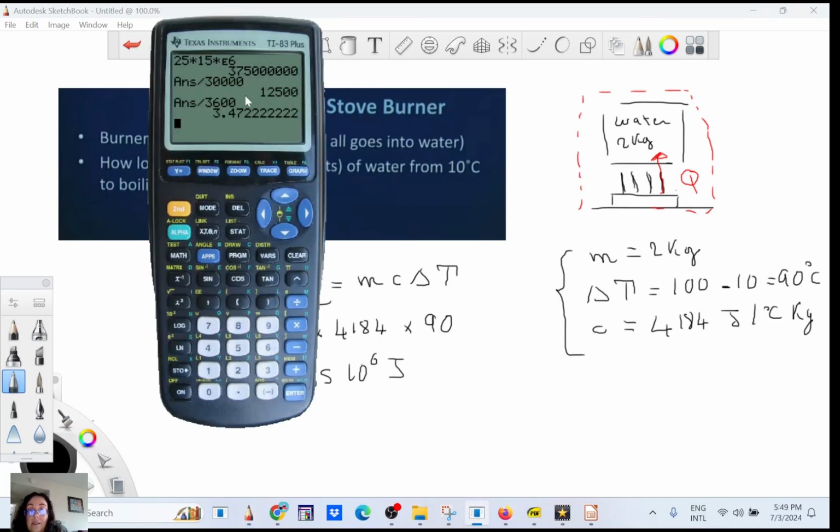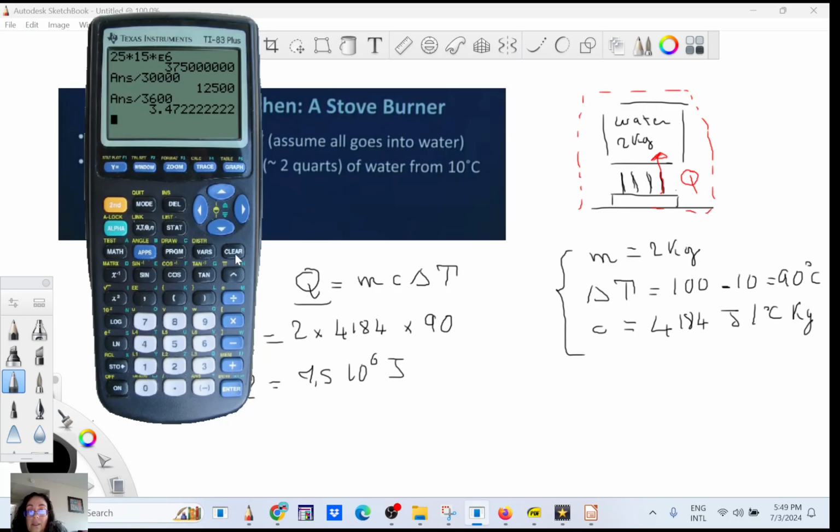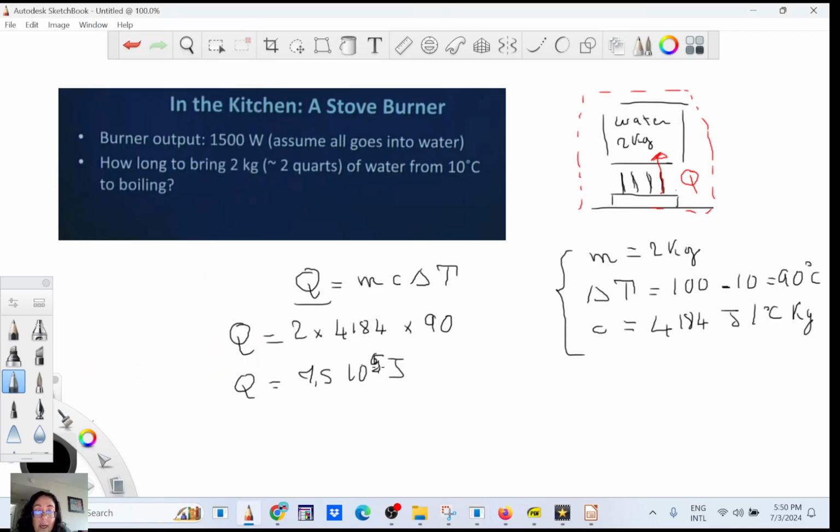But let's make sure that's the correct answer. So it's 2 times 4184 times 90. So 7.5, 1, 2, 3, 4, 5. It's a 5. Okay? 7.5 times 10 to the 5.